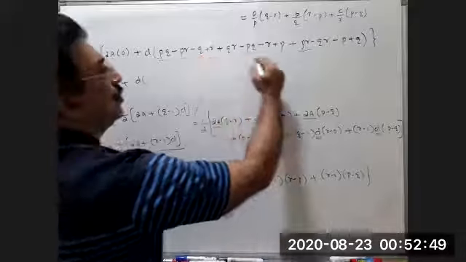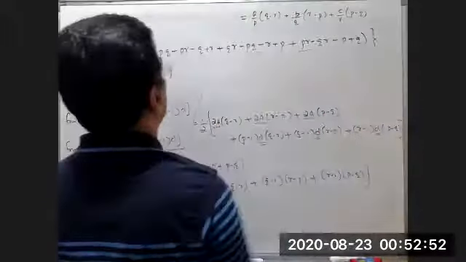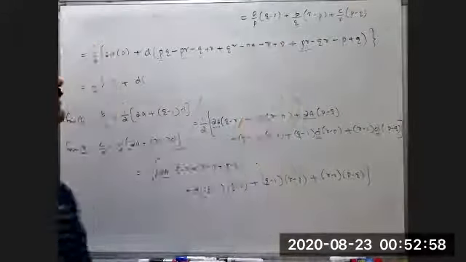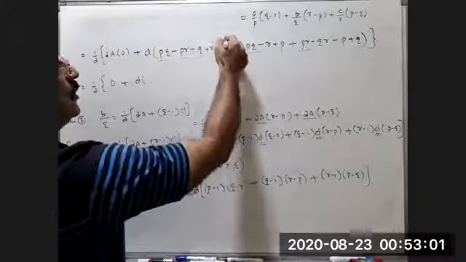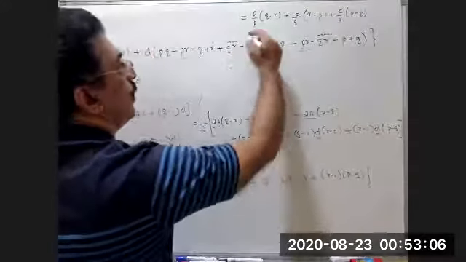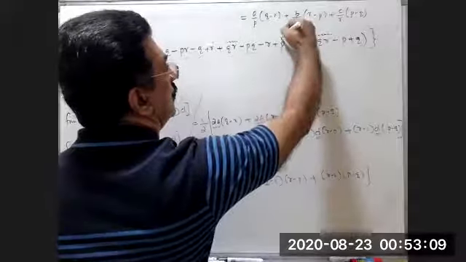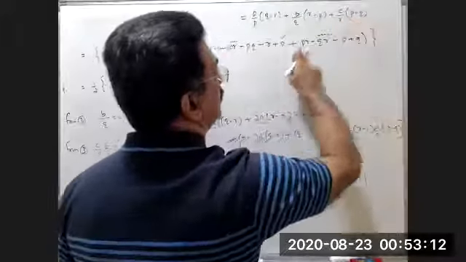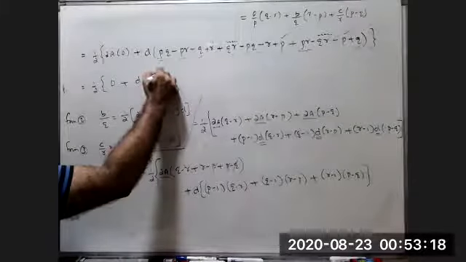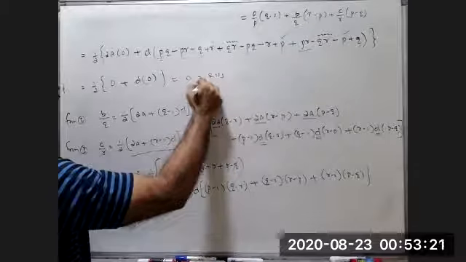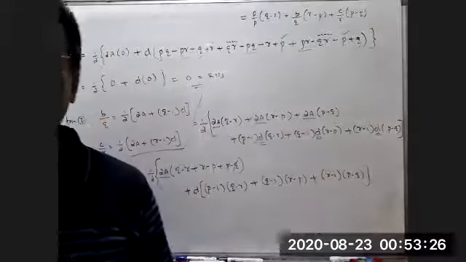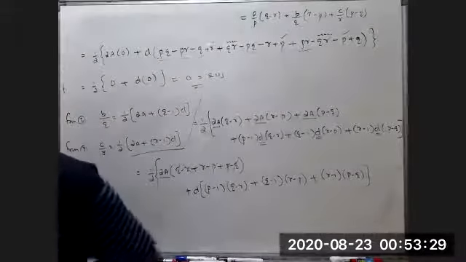Minus Q plus Q cancels. Plus R minus R cancels. Plus QR minus QR cancels. PQ is gone. P minus P cancels. So you can see everything cancels. It is equal to 0. In each term, you can see its opposite term is there.